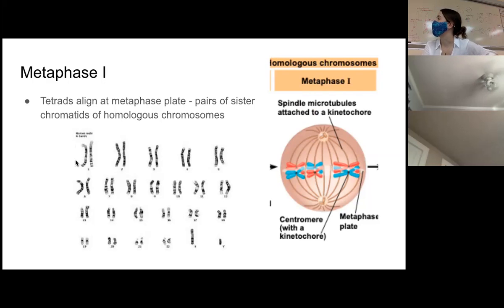You'll have sister chromatid 1, sister chromatid 1, sister chromatid 2 and 2 in your homologous chromosomes so that you can separate them and then separate them again. If we just separated without making a copy, we wouldn't get the crossing over step, the mixing up of our genes on our chromosomes.